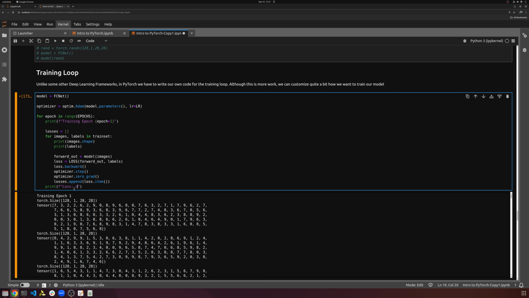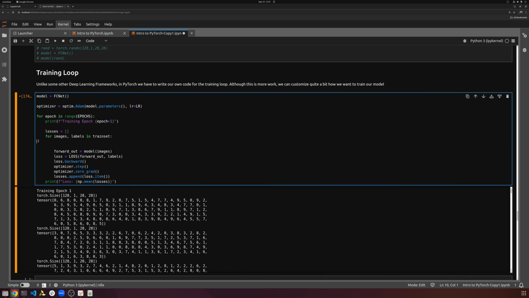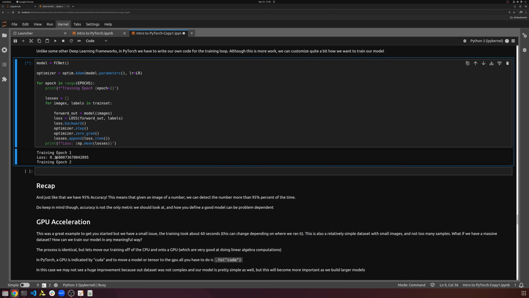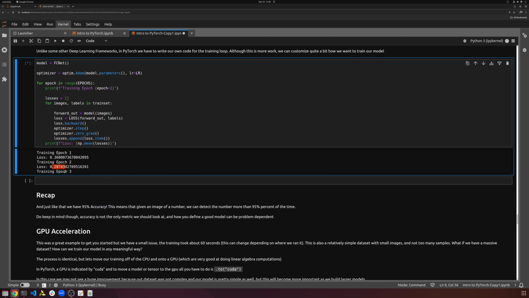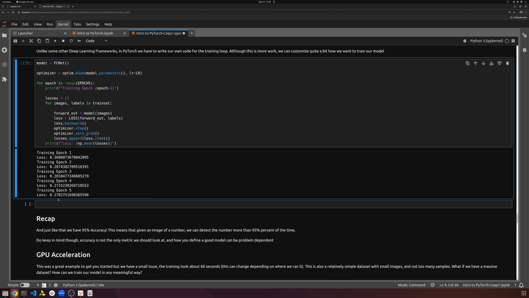The loss is going to be np.mean of losses, the average loss for this specific epoch. Let's also not print out the other stuff. Let's get rid of that. Right, so we're going to let it train. And you can see the losses: 0.36, 0.28, 0.28, 0.27, 0.27.